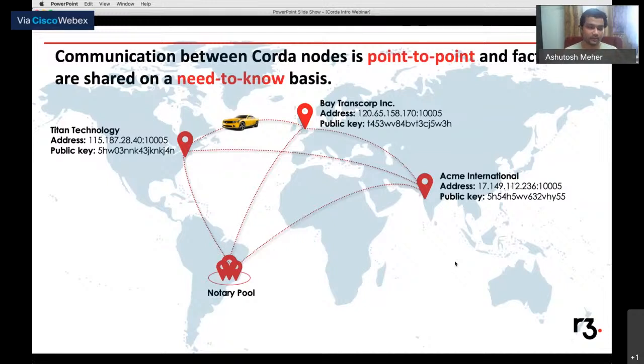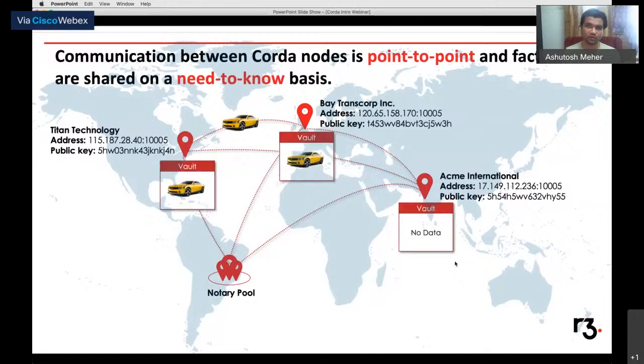When a transaction comes to you, you don't just send it to everyone that you know in the network. Rather, the way it works is, for example, if Titan Tech here is trying to do a transaction with Bay Transcorp, let's say they are involved in a sale of a vehicle. Once this transaction is completed, the information about the vehicle is only available with Titan and Bay.